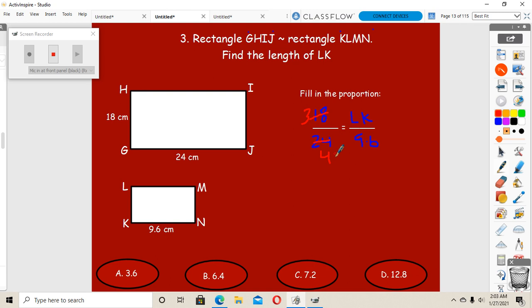Now 4 1s are 4, 4 2.4s are 9.6, and then LK is equal to 3 times 2.4, which gives us 7.2. See the option over there.